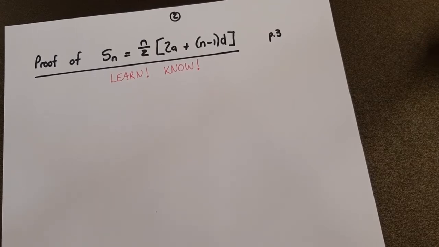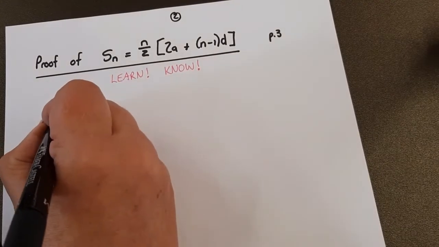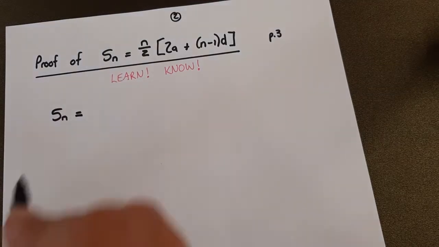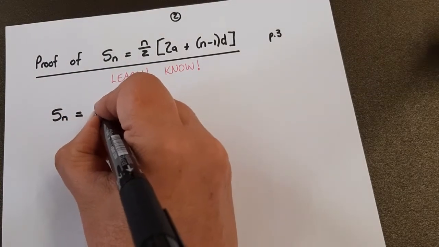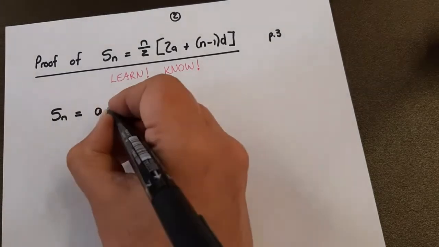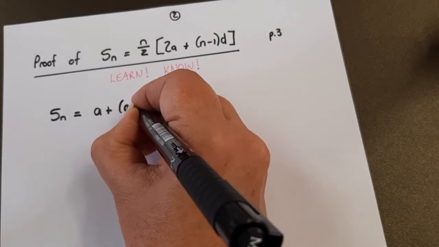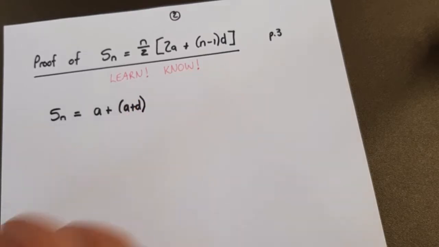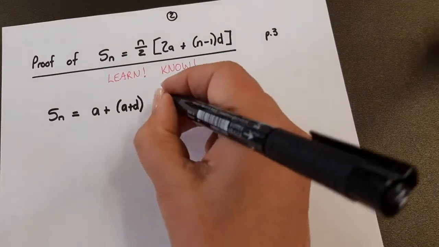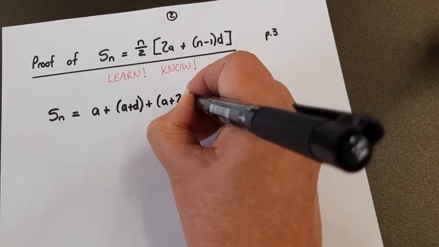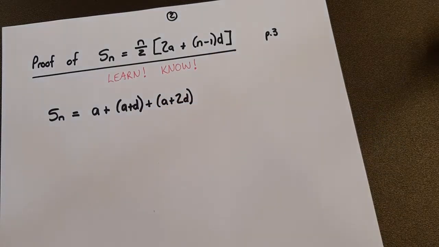If we take the sum of n terms, we have our first term, which is a. Then we add d to a to get the second term. And then we add 2d to a to get the third term.